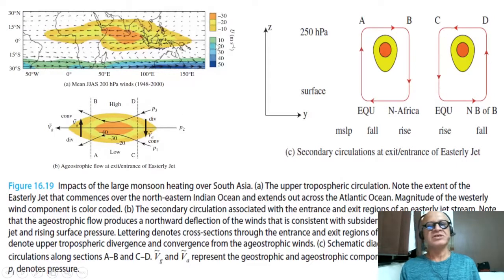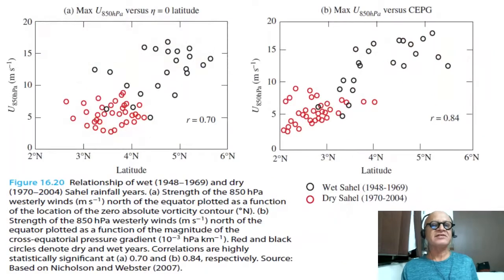So this is the basic dynamics of the West African rainfall. You can just think of that as a part of the ITCZ dynamics, but when you want to actually look at the details of the dynamics, you have to remember that it's very closely related to the easterly jet from the South Asian monsoon region all the way from Northeast India into the Atlantic.